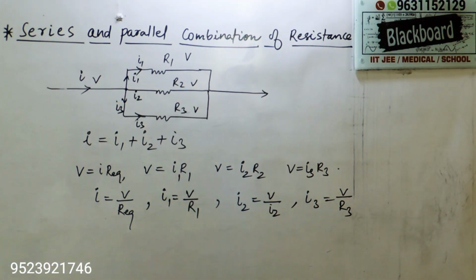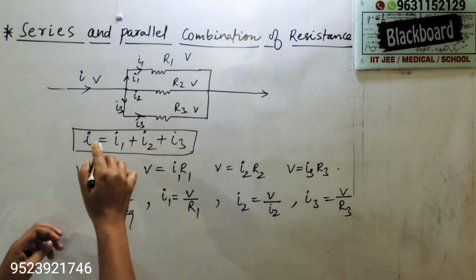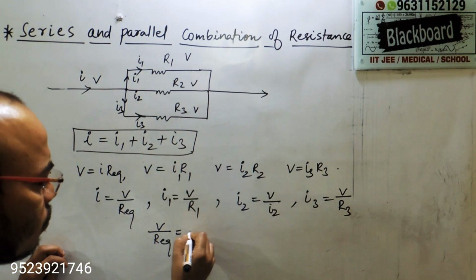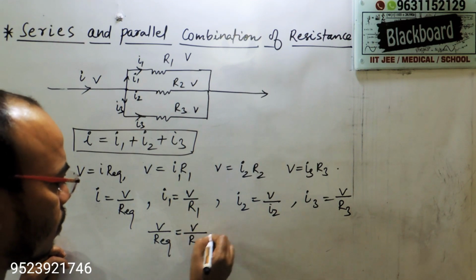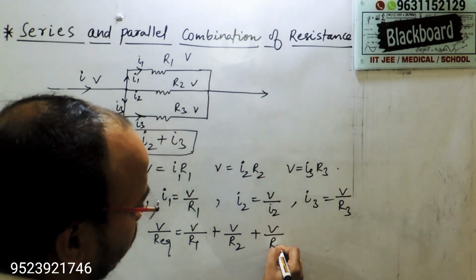That means you can write here, and applying Kirchhoff's जंक्शन लॉ, ये जंक्शन लॉ से लिखा गया है, तो हम यहाँ पे लिख सकते हैं V by R equivalent is equal to V by R1 plus V by R2 plus V by R3.